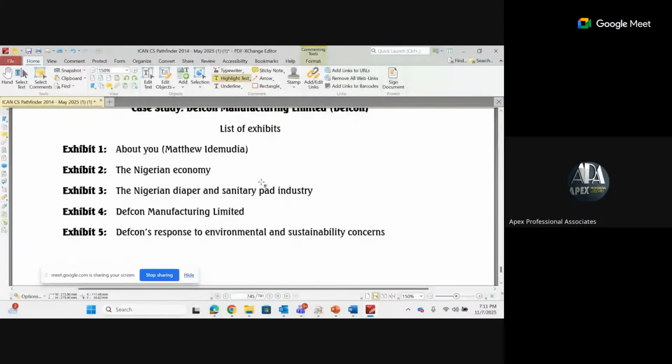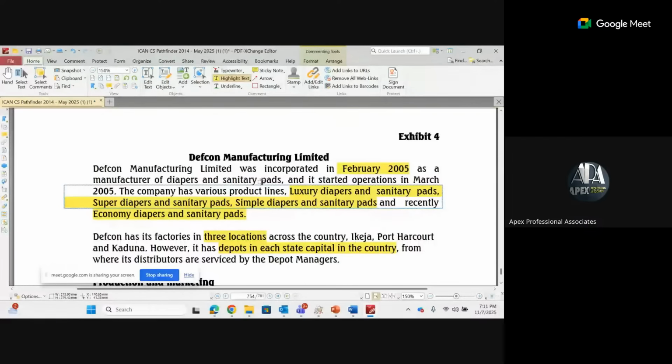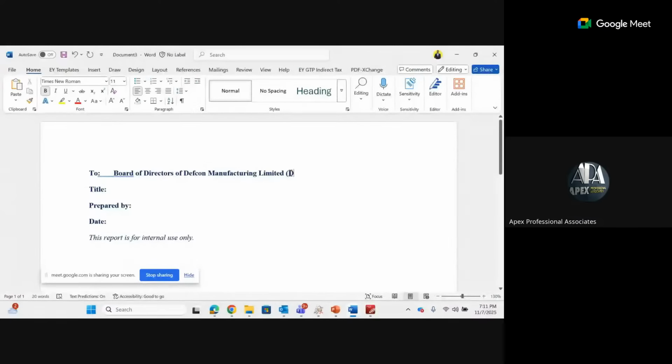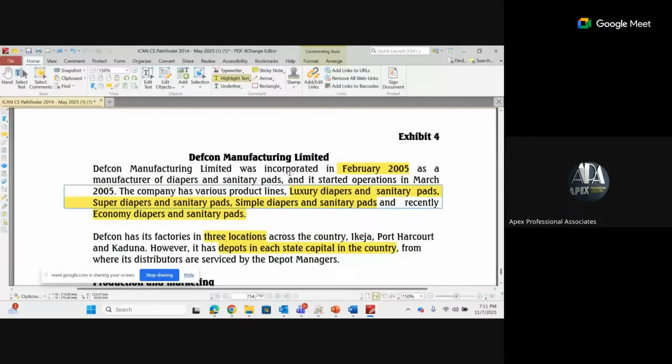Let me get the company's name correctly. Yes, DML. So now what's our title? This is where your creativity starts. You want to draft your title from your requirements.